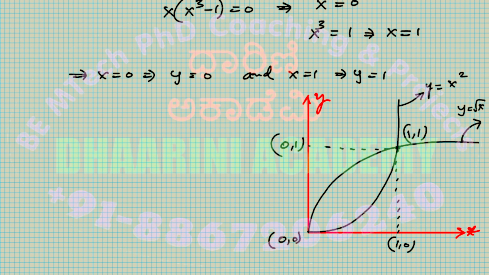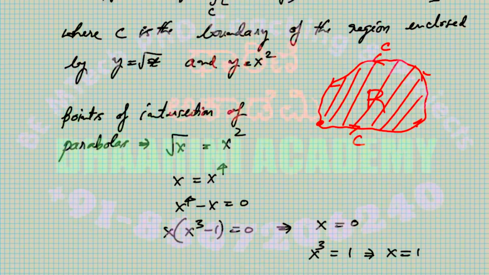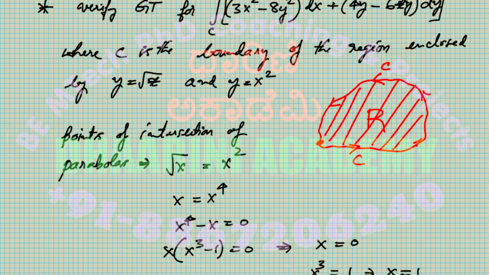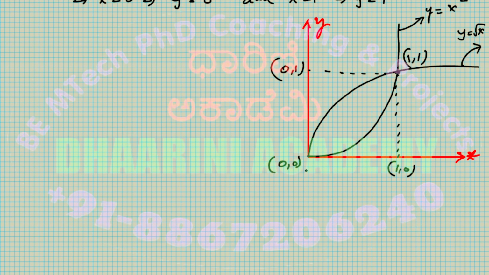Right, now you see there is a region R, as I told, right? C is the boundary of the region. You see the statement, where C is the boundary of the region enclosed by these two curves. What is C then? C is nothing but, I'm marking C now. I'm moving like this. I reach the, it's a complete boundary of the region.